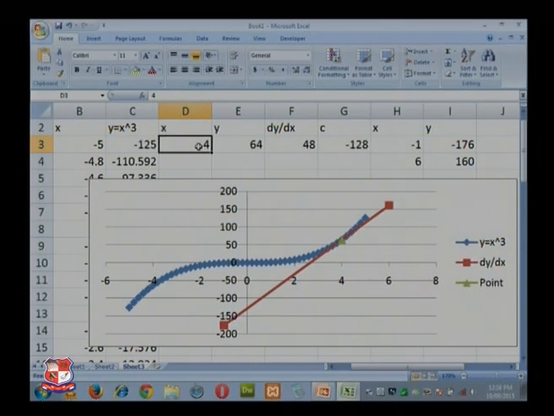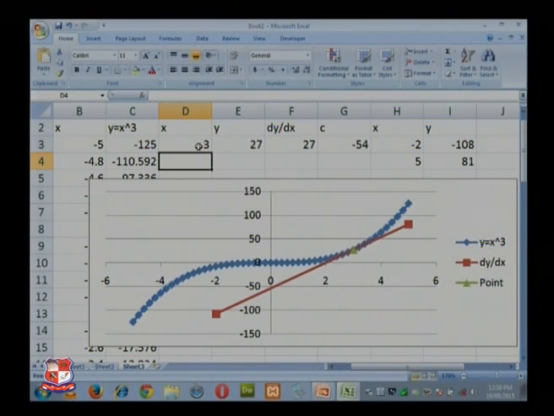Now if you want to calculate for another point, just change this 3, and you can see this graph automatically changing. For non-linear functions, this slope, or dy/dx, always changes. If it is 2, you see this change.